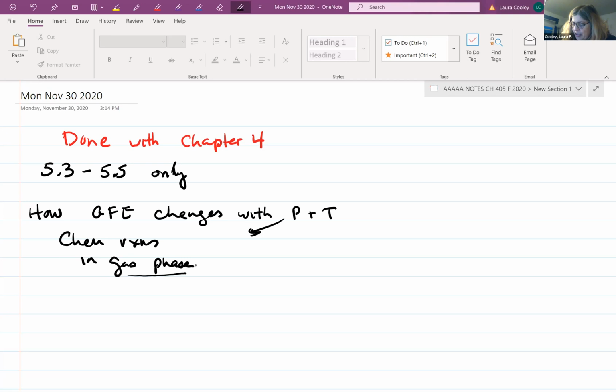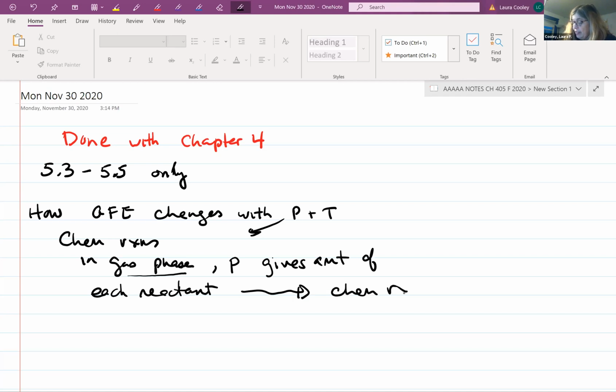So when we study chemical reactions in the gas phase, the pressure gives the amount of each reactant. So this is going to get us into chemical reactions.